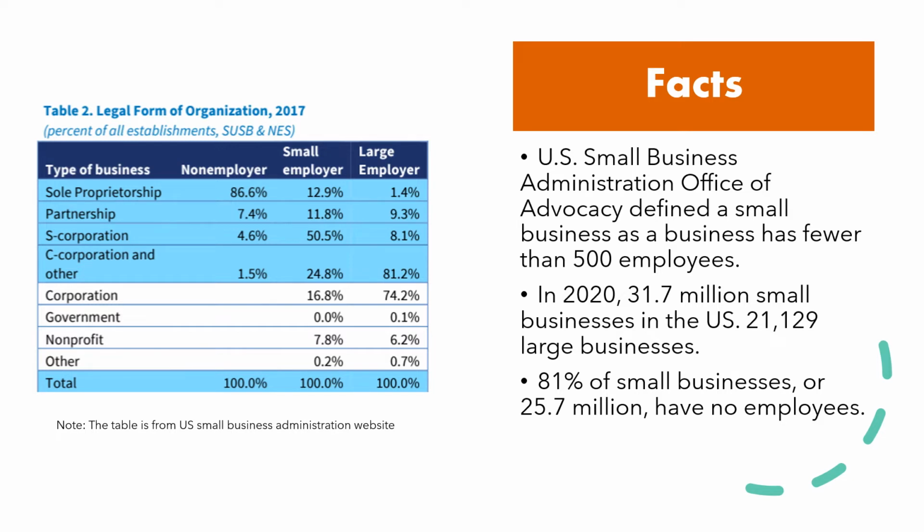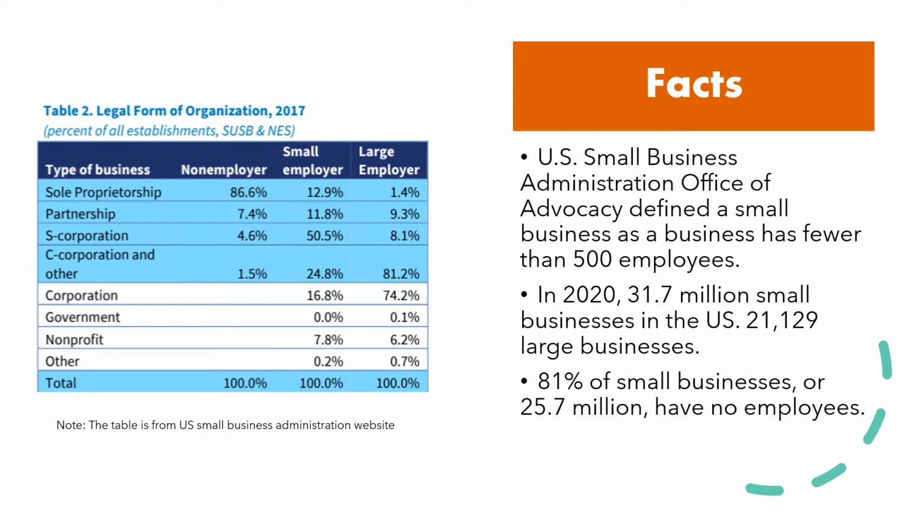They reported that there are 31.7 million small businesses in the U.S. and roughly 20,000 large businesses. 81%, roughly 25.7 million small businesses, have no employees. They're called non-employers. On the website, we identify this table showing us the types of businesses and the business structures.